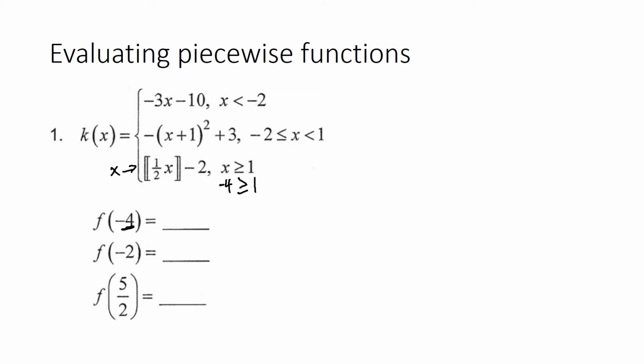So we move on to the next part. Is -4 between 1 and -2? We know that it isn't, so we're not going to use this second function either. So far we know that for -4 we won't use either of these functions.